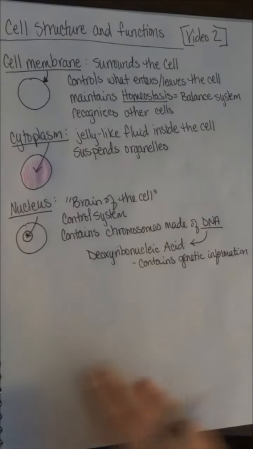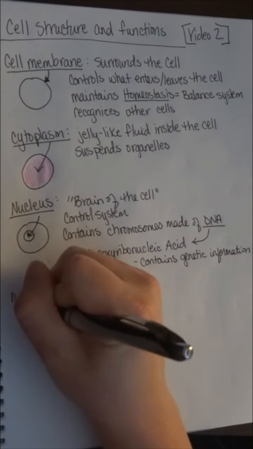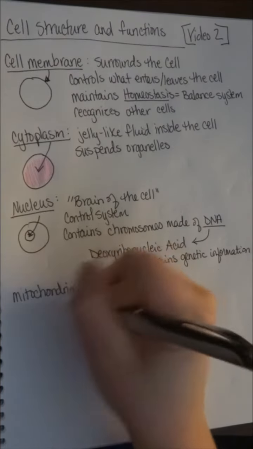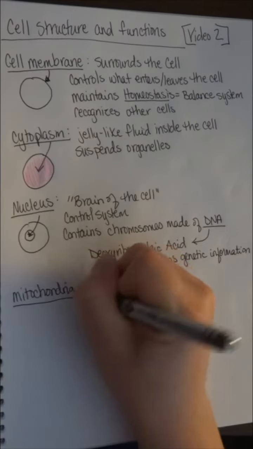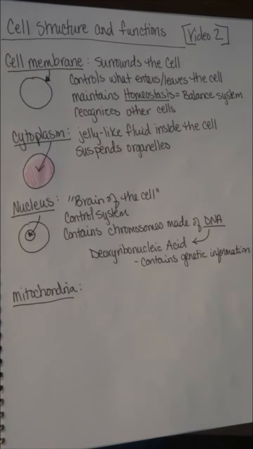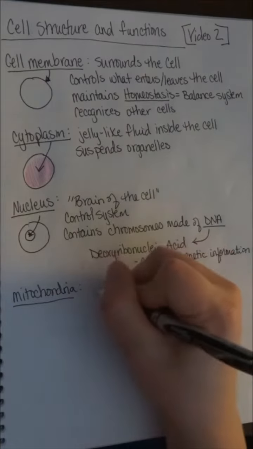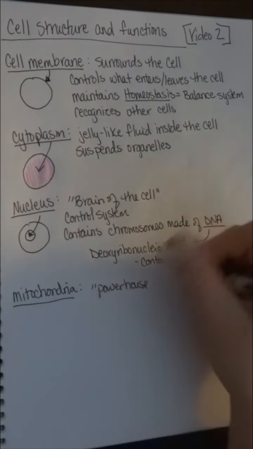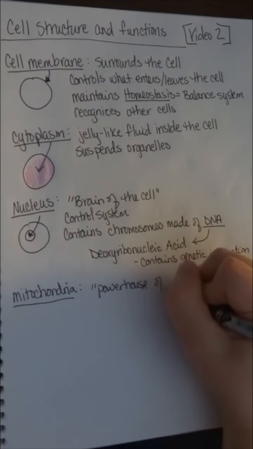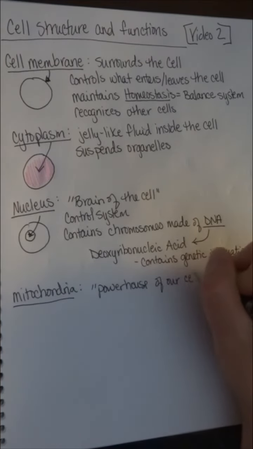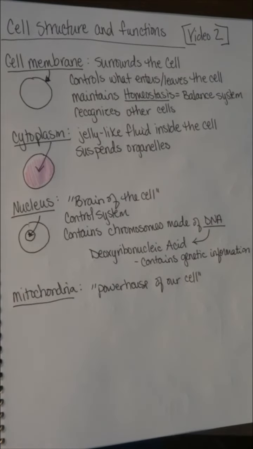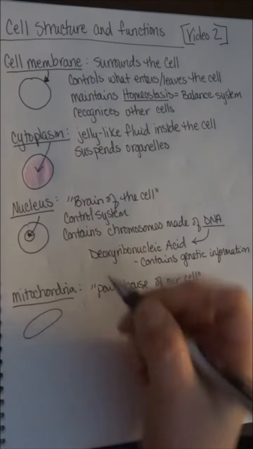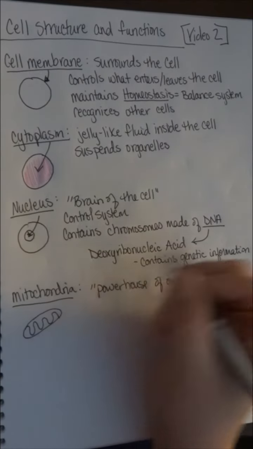Now, another structure that we talked about is the mitochondria. So what exactly is our mitochondria? Well, our mitochondria is the powerhouse of our cell. What do I mean by it's the powerhouse of our cell? Well, if you ever wonder why all of a sudden you might have a lot of energy one day or you might be tired, well, that is due to our mitochondria.